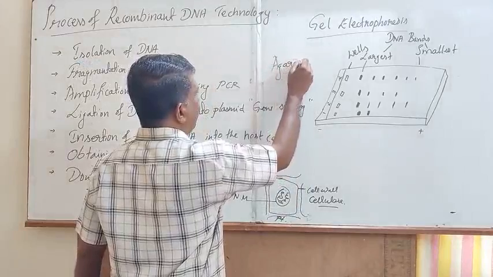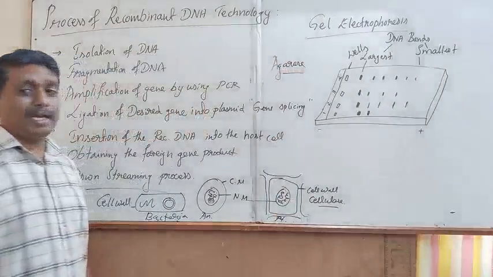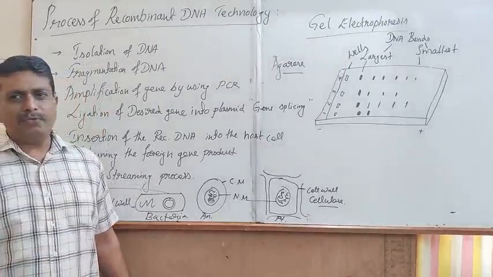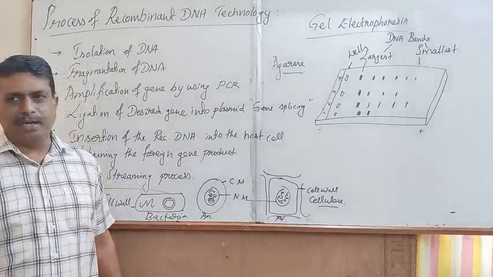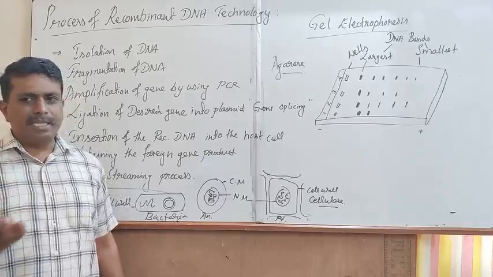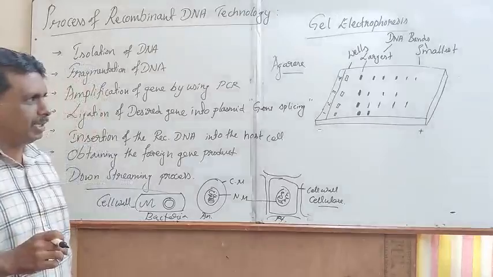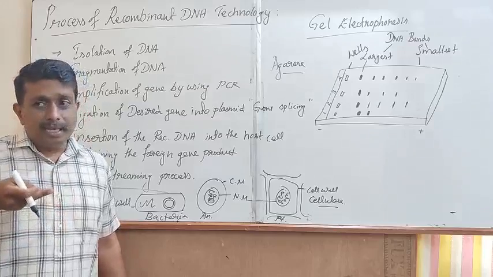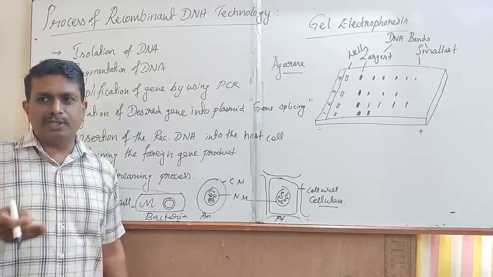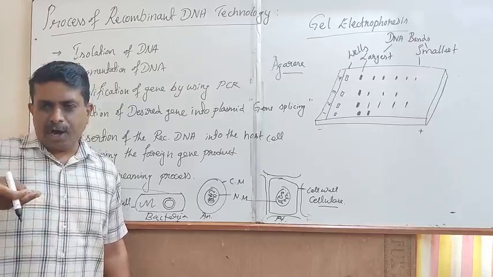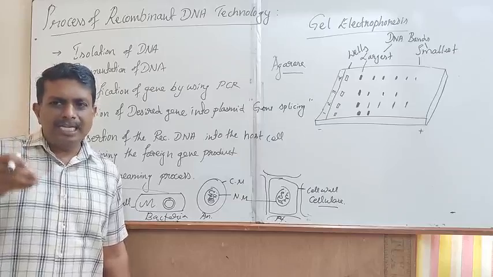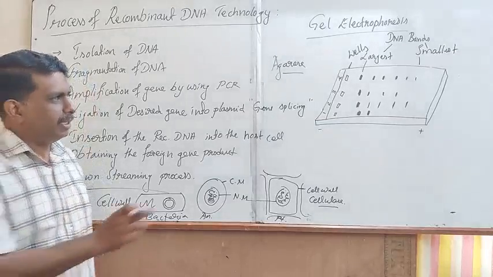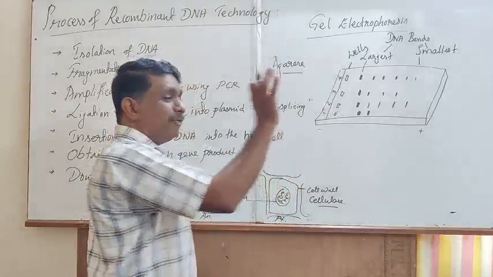By making use of agarose gel, the DNA is separated. With reference to the working principle of gel electrophoresis, it is carried out in a semi-solid agarose gel. The semi-solid agarose gel is characterized by a meshwork of interlinked linear strands, and also by a number of DNA wells.